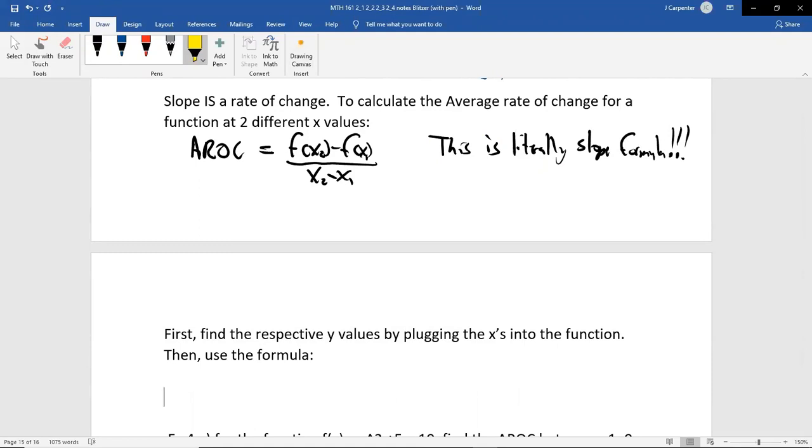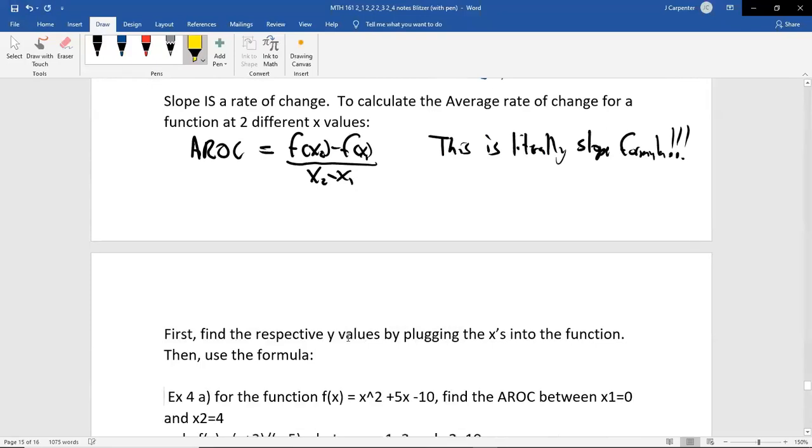So you plug in your x values to find your y values, you plug them in and you find a slope, and that's literally it. There's nothing complicated about this. You do have to memorize this formula just like you have to memorize the slope formula, but again, this is literally the slope formula. It's not any new memorization as long as you understand conceptually that y is the same as f of x. It's really nice, in fact.